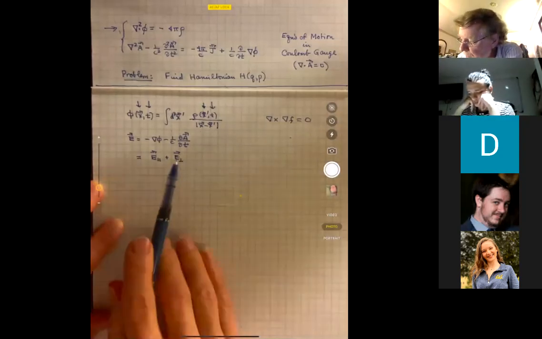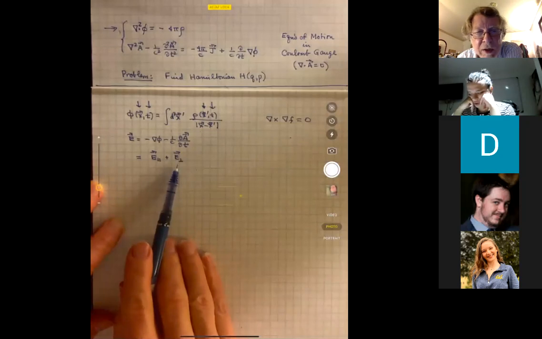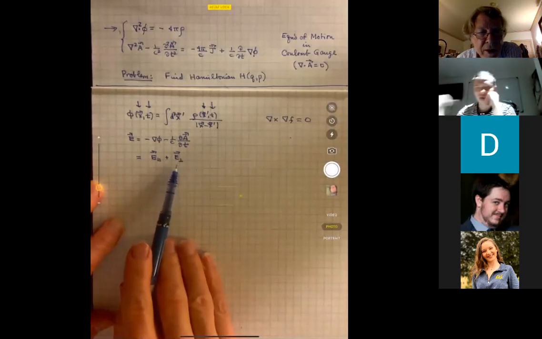By the way, it's easy to see why E transverse contains a non-retarded component. In the last lecture, I explained about the transverse delta function. This is a kernel of an integral transform, which is used to obtain the transverse component of a field in real space in terms of the value of the total field.